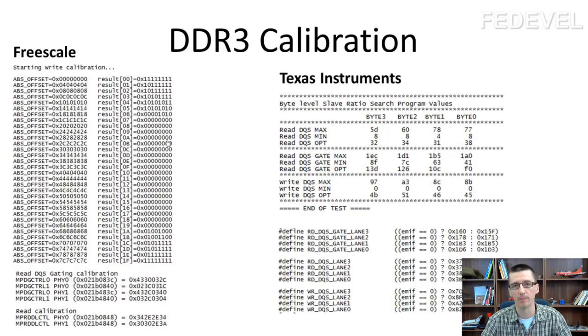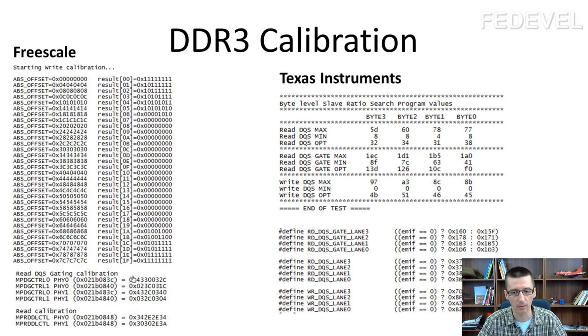When it is 0, it is working. So you can very nicely see when data bank 0 is not working. Here they change the delay. Not working, and it starts working, yeah? And then it stops working again. Here is data bank 1, again not working, and it starts working when the delay is like here. And by the end of the calibration, here are the values you will get.